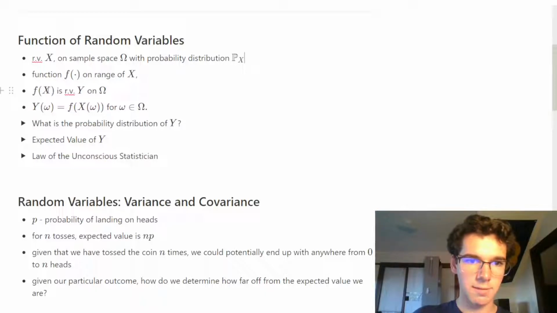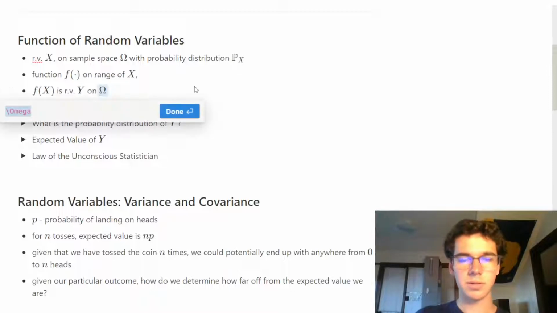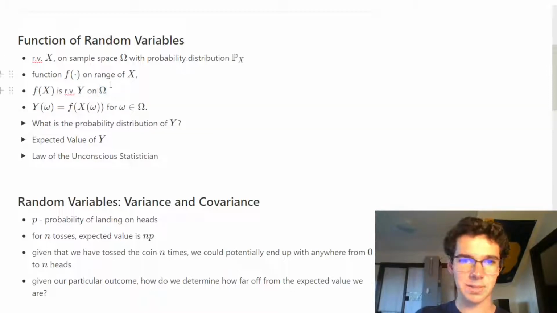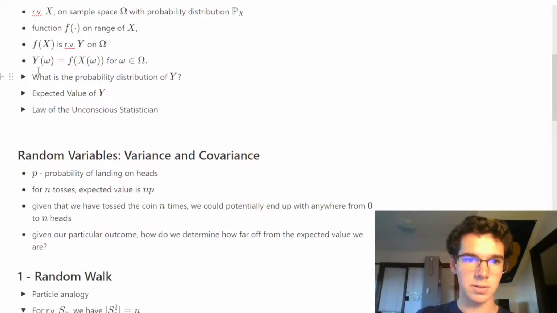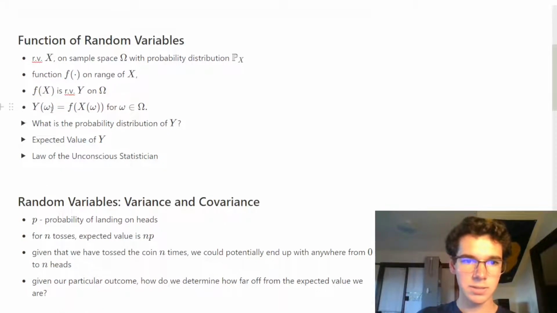And f of X is going to be a random variable that we define as Y, which is also going to occupy the same sample space, capital omega. So if we apply Y to some sample point in omega, it's going to be like we apply the sample point to X, and then we apply that to f.